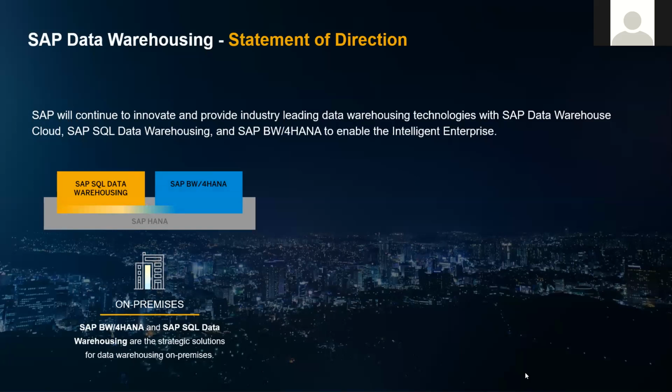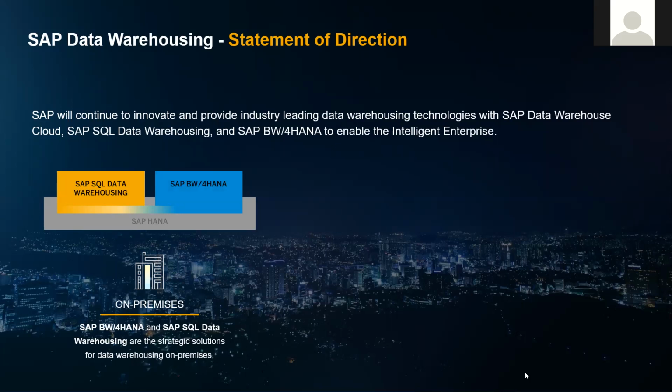Now the SAP BW/4HANA serves as our packaged data warehouse. So you have all your pre-built models, especially from an S/4 perspective, and you also have objects that are able to do all shapes and forms of data analysis that you require.